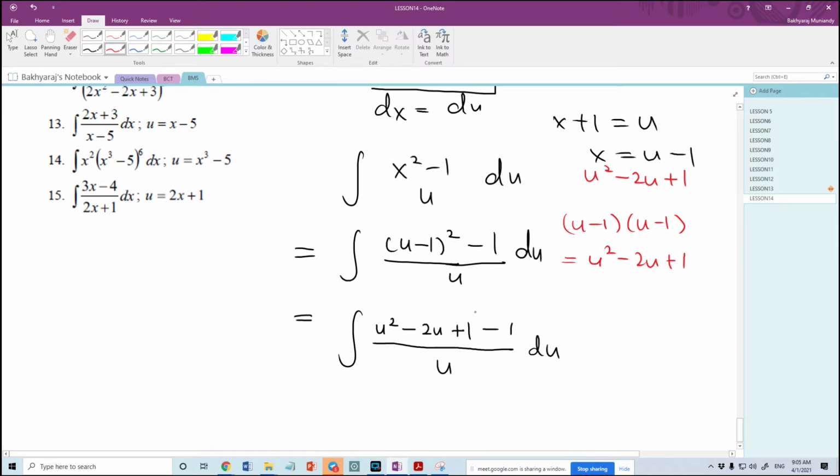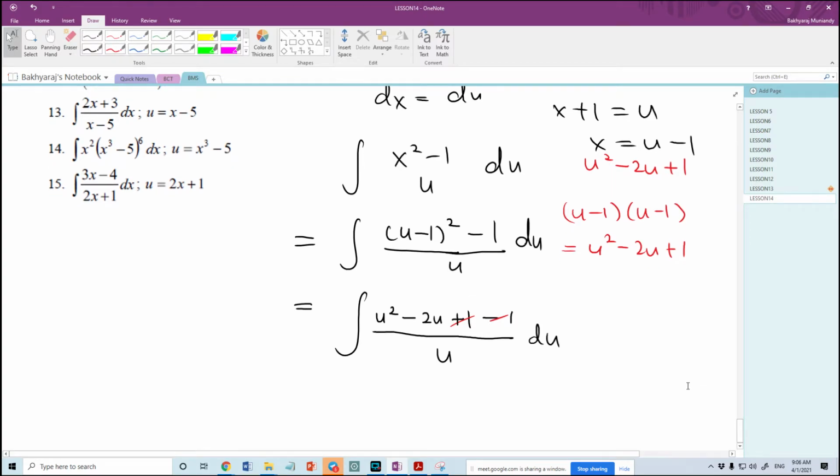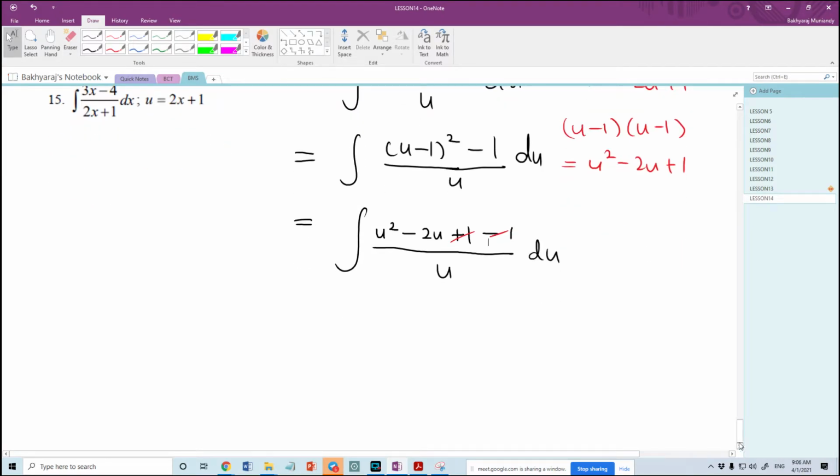So once we substitute, I think the 1 cancel, right? The 1 is cancel because plus minus 1 become cancel. So now you left with u square minus 2u, and this one, we see last week.